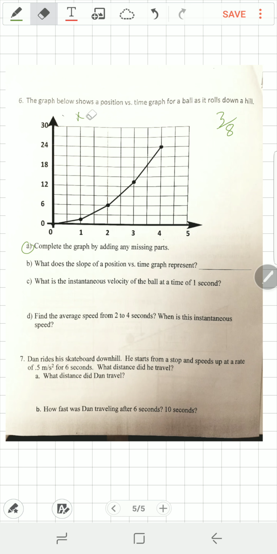If you want to, you can just put the labels and the units to the side or to the top. So first off, it's a position versus time graph. That means it's going to be the effect of IV on DV, which IV is your X, and DV is your Y. So whatever your I is goes first, your X-axis goes first, and your Y-axis goes second for the naming. So let's get the title going.